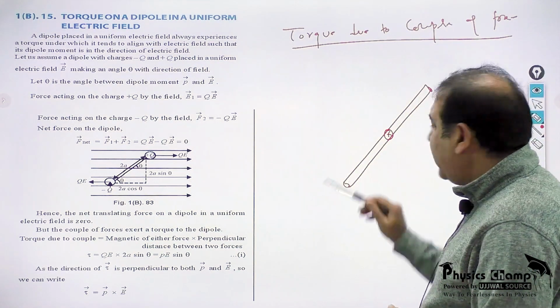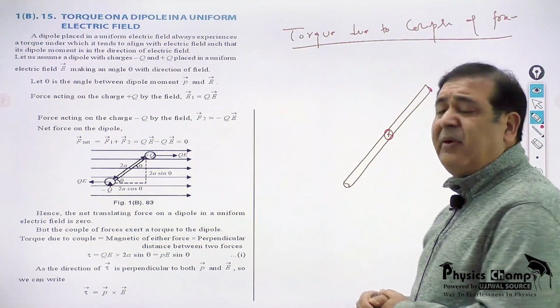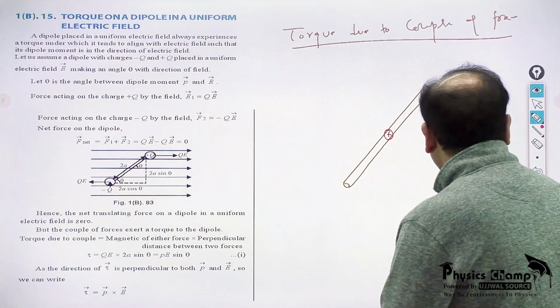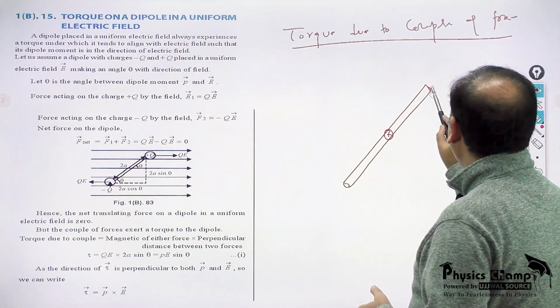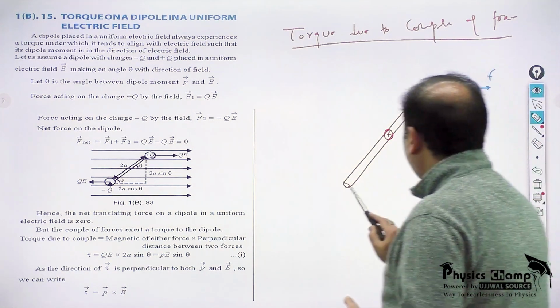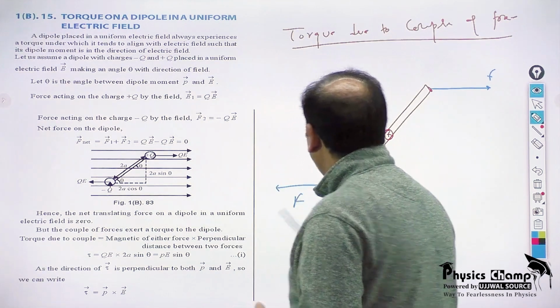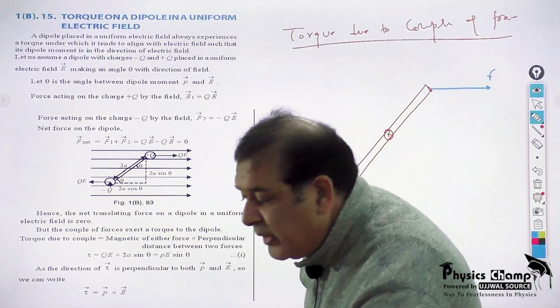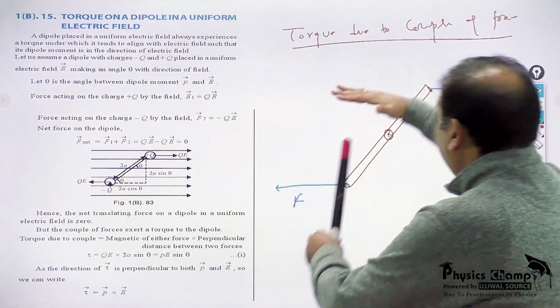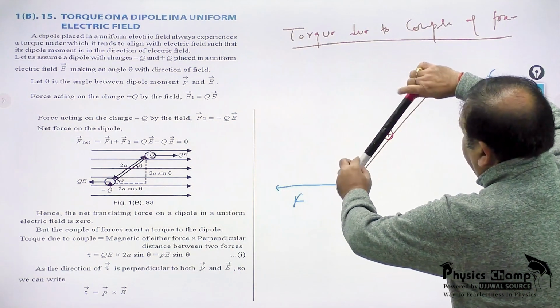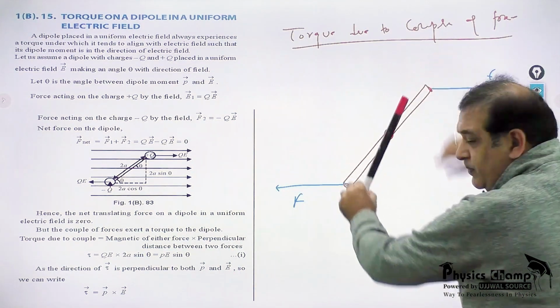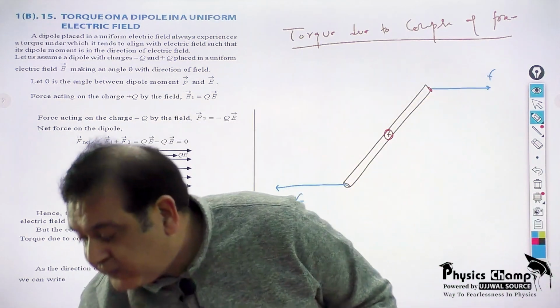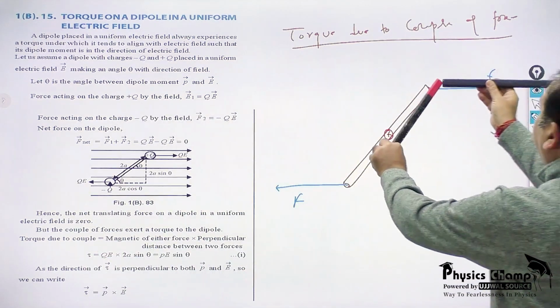It is not on one edge, it is somewhere in between. And one force is acting here and one force is acting here. We call it couple of force, which are trying to rotate in the same direction, not in opposite direction. On this also, I am providing a force in this direction.